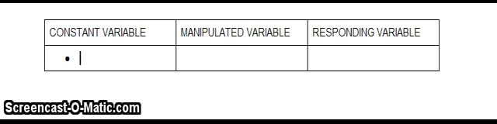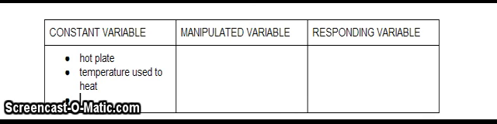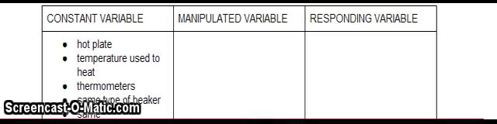The hot plate first of all, the temperature used to heat, thermometers, the same type of beaker, the same size beaker. Those are just some examples of what we would have.